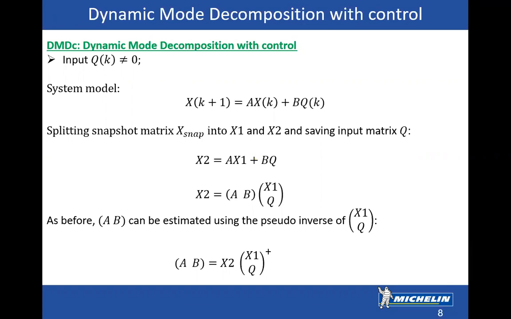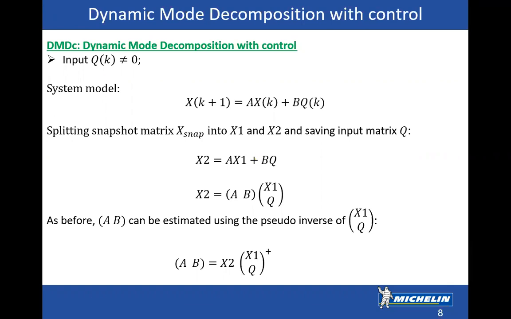So splitting the snapshot matrix X_snap into X1 and X2, and collecting all the inputs that I've used to generate the X_snap and stacking them in an input matrix Q, I can write that X2 is equal to A X1 plus B Q. With some reformulation, vertical concatenation of A and B, and horizontal concatenation of X1 and Q, X2 is equal to [A B] multiplied by [X1; Q].